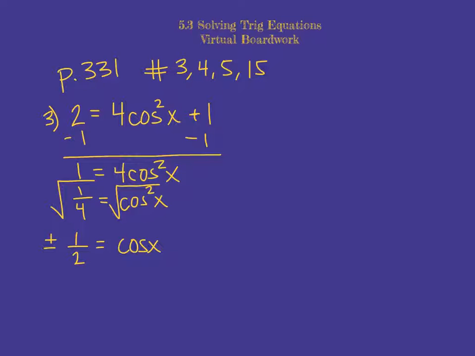So we're going to have 4 answers, all of the over 3s. So our answers are going to be pi over 3, 2 pi over 3, 4 pi over 3, and 5 pi over 3.